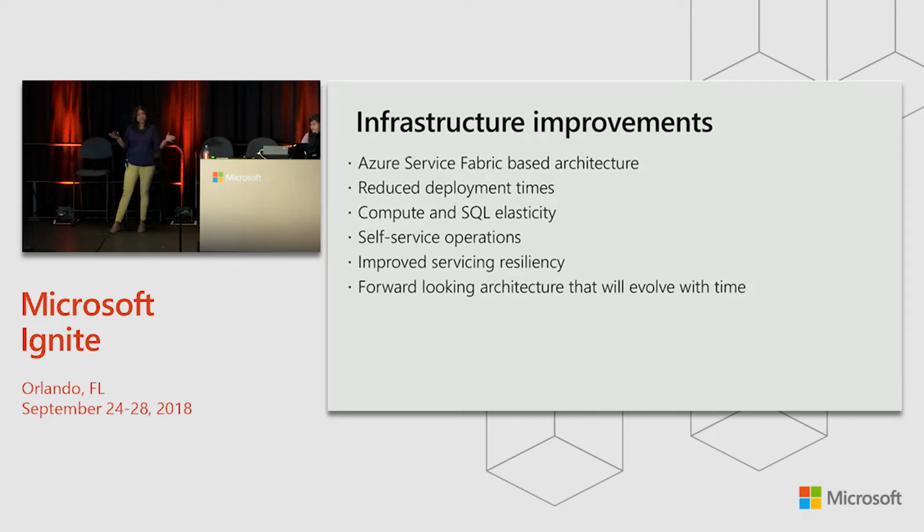We support elasticity even today, but the way we can do it is going to be a lot simpler when we go to this new architecture. You'll have a lot more self-service operations, because that's the only way we can deal with things in the Service Fabric architecture. Servicing behind the scenes will also change. Once we service Sandbox, we'll take that image and copy it over to production.